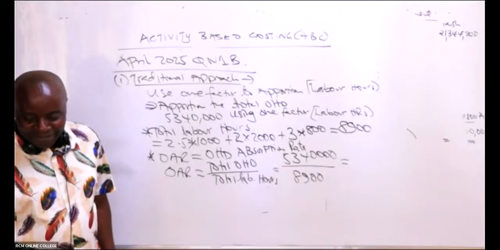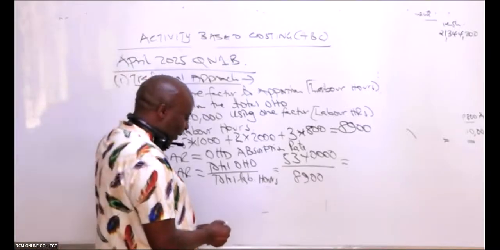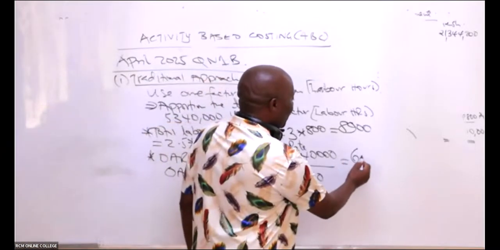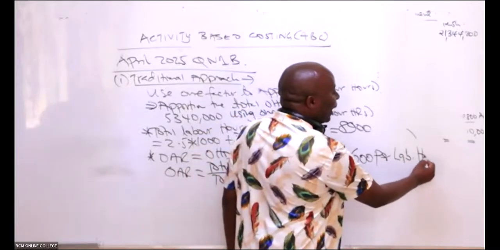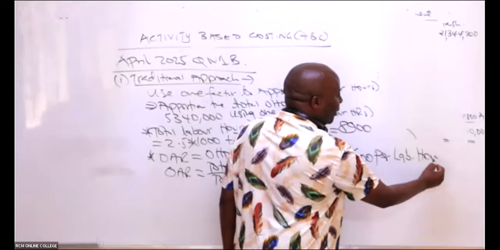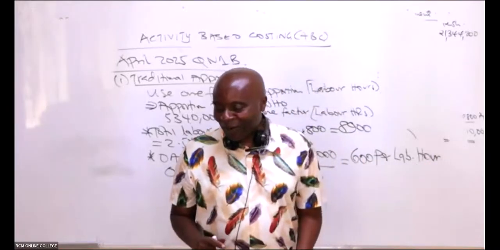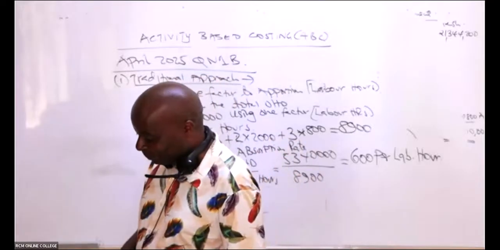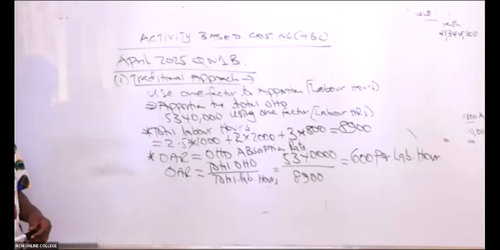So this is 600 per what? Per labor hour or per hour, isn't it? I like differentiating this by mentioning labor hour because they're also machine hours. So that is our overhead absorption rate.